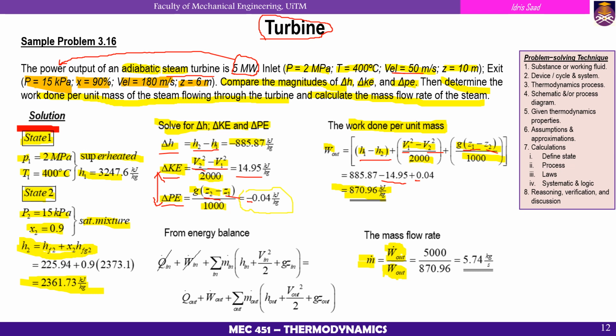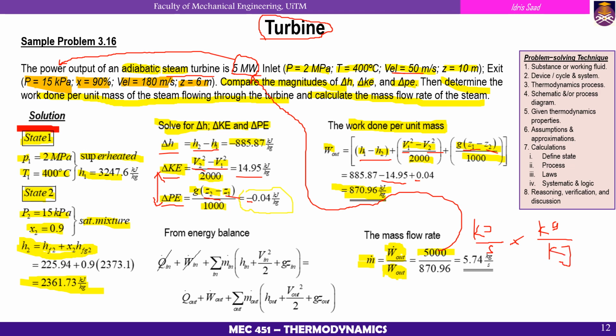If we divide this, this is 5,000 kilojoule per second, which is kilowatt. Please remember 5,000 comes from here, 5 megawatt. Then we divide by W out, which is kilojoule per kilogram, so basically kilogram per kilojoule.